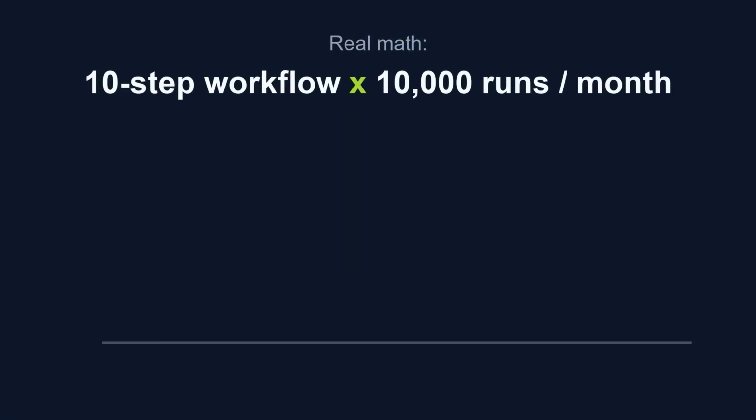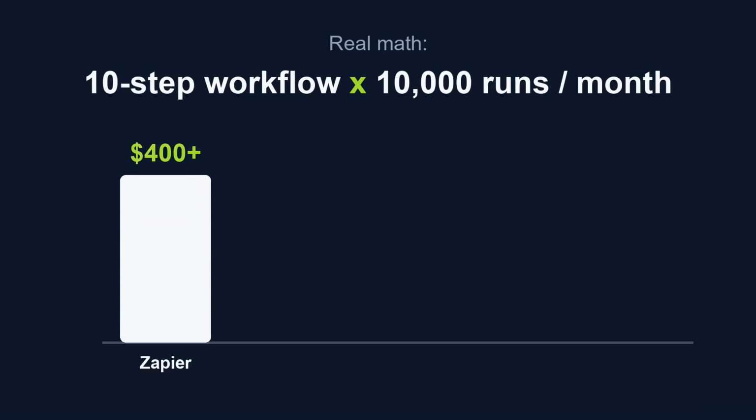Let's make it real. A 10-step workflow, running 10,000 times a month. Numbers from their official pricing pages, July 2026. On Zapier, that's about 100,000 tasks. You're looking at $400 a month, maybe more. On Make, roughly 110,000 credits.